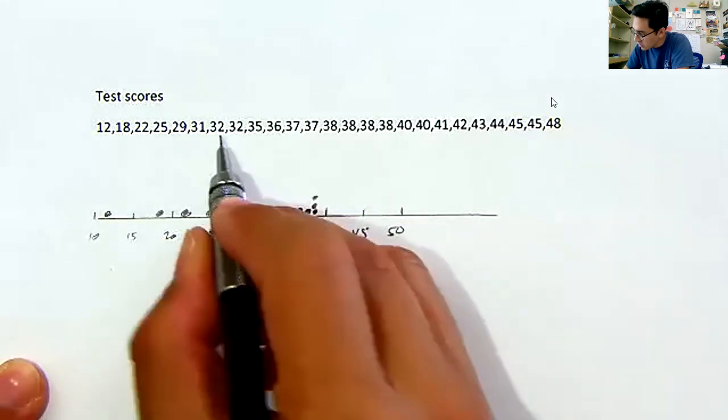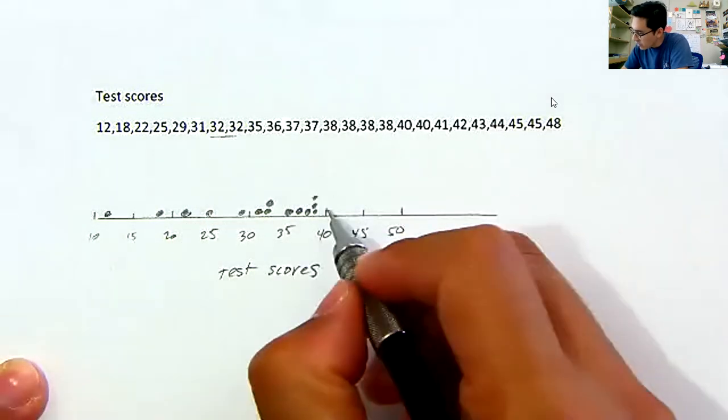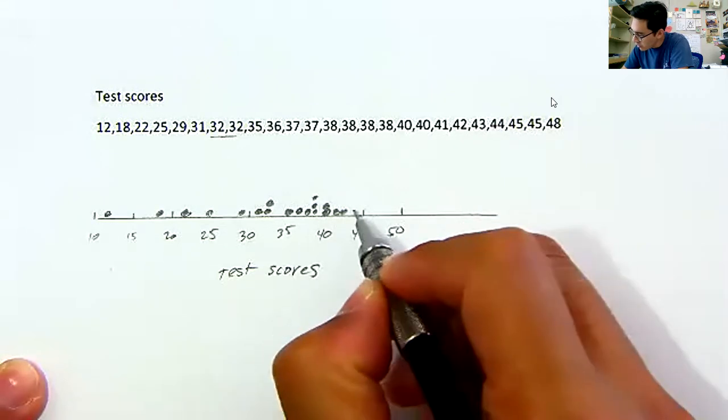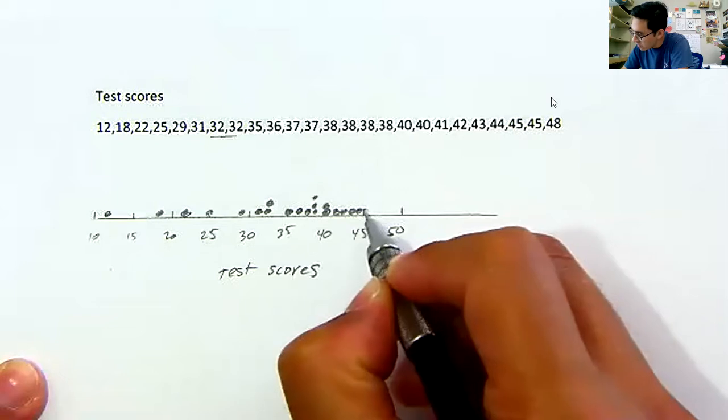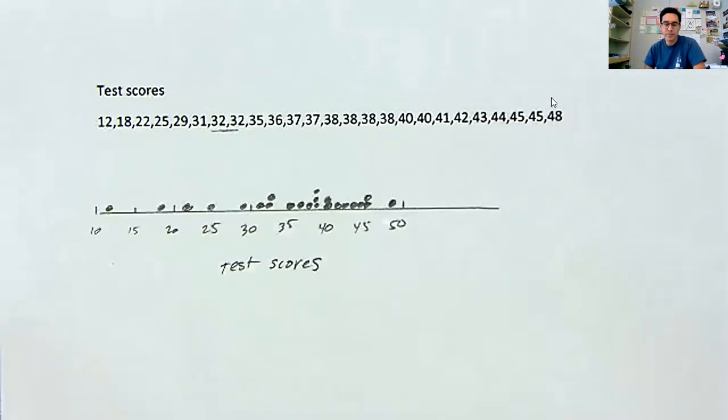Now I realized there was two 32s. Okay, 40, 40, 41, 42, 43, 44, 45, 45, and 48.